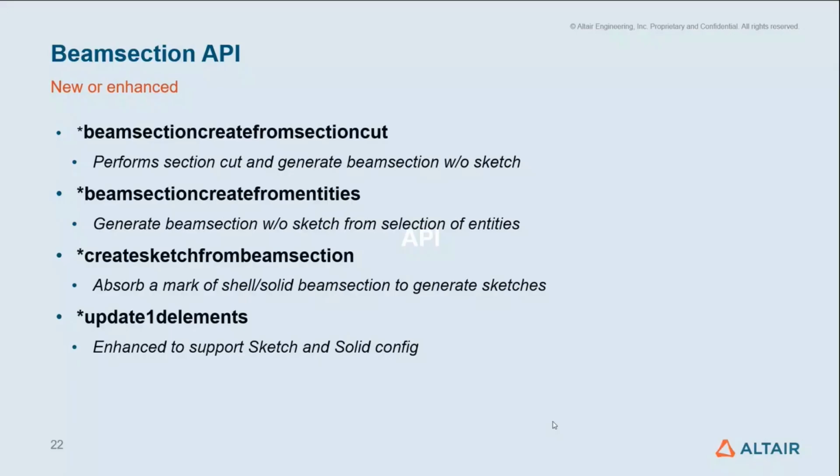From an API standpoint, everything that was shown here could be totally automated. We've introduced a new API or enhanced one API which was already there, update 1D element, which now supports sketch and can generate solid section. All of the Hyperbeam API is consolidated under two APIs, which are beam section create from section cut and beam section create from entities, where they have several options, including the ability to generate a sketch along with a beam section.